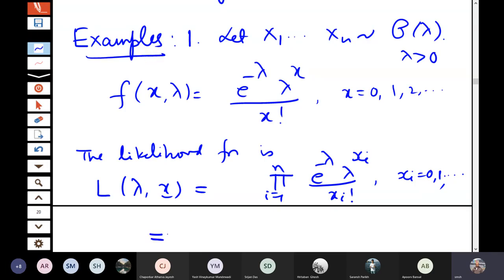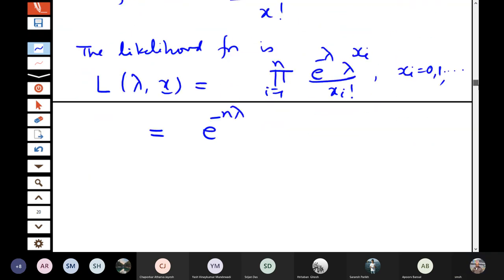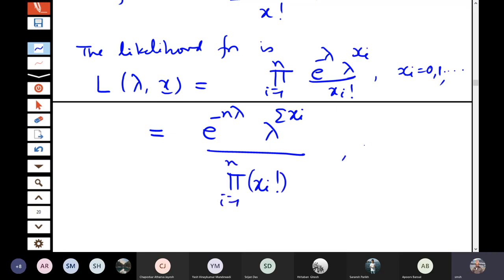If you simplify this, it becomes e to the power minus n lambda, lambda to the power sigma xi divided by the product of xi factorial, i equal to 1 to n. Each of the xi's is 0, 1, 2 and so on.